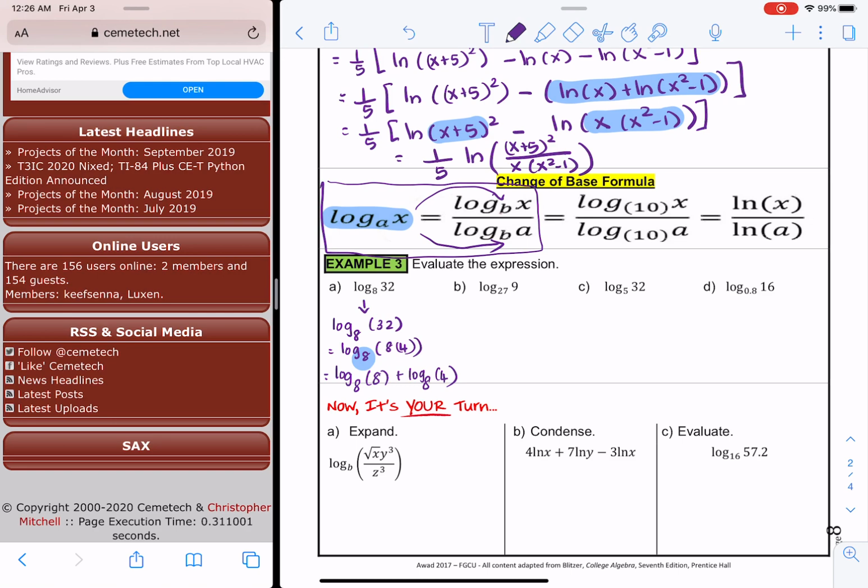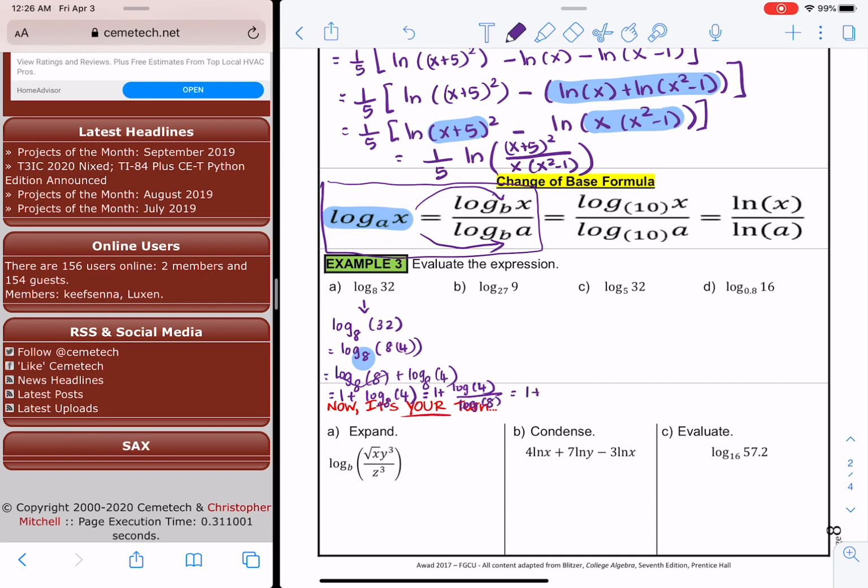And the first term would simply become 1. I'm running out of space here because those two sort of go away. 1 plus log base 8 of 4. And that is simply equal to 1 plus log base 10 of 4 over log base 10 of 8.